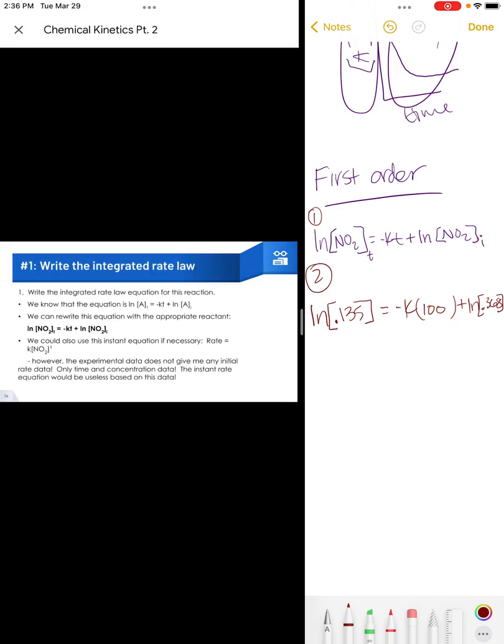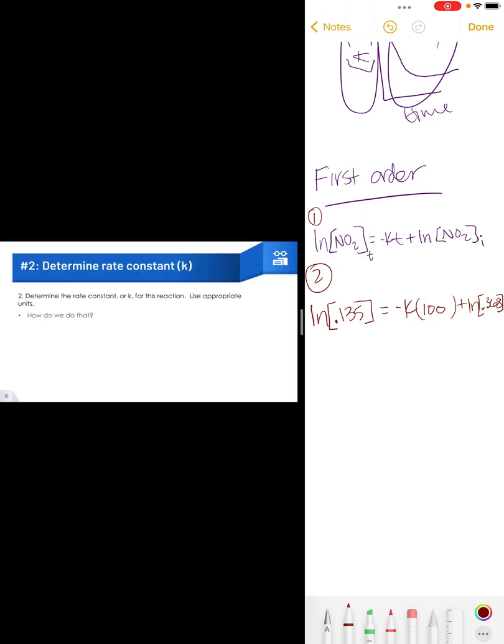Go forward. Okay. Whenever I am solving this, I'm going to plug in those natural logs first. So there's a button on your calculator that says LN. So click the LN, type in 0.135, and write out what that is. Let me grab a calculator, and I will do this with you.